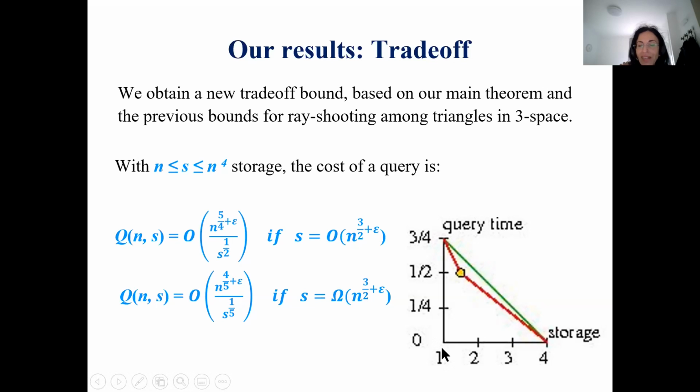When S is linear, we get N to the 3/4 for the query time. When S is N to the 4, we get logarithmic. But as we get closer and closer to the point of N to the 3/2, we improve the query time. So this is the new trade-off, the red polygonal line.